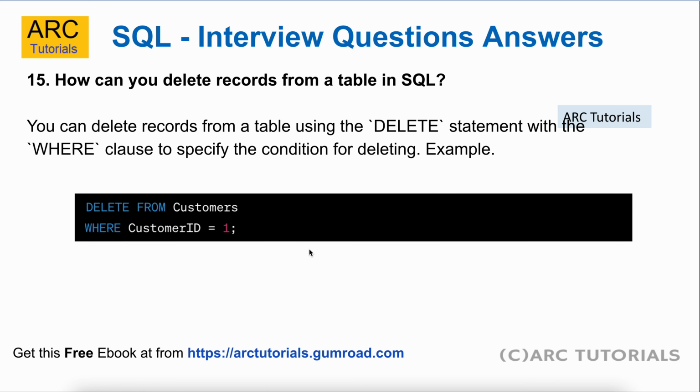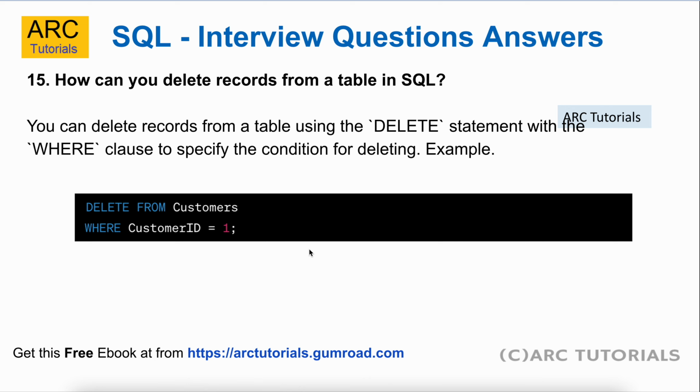How can you delete records from a table in SQL? You can delete the records from a table using the delete statement with the where clause. You can specify the condition in the where clause. You can say delete from customers where customer ID is equal to 1.